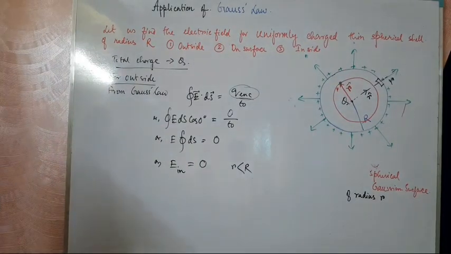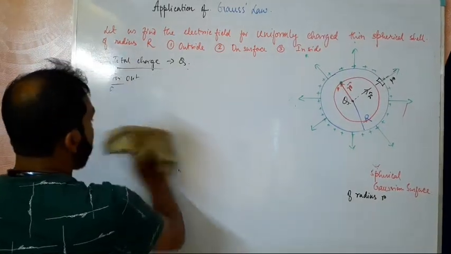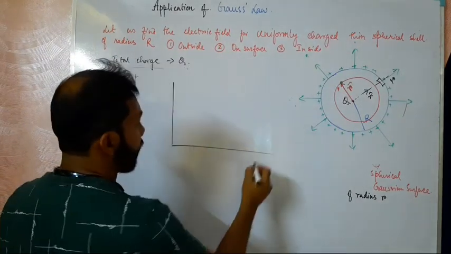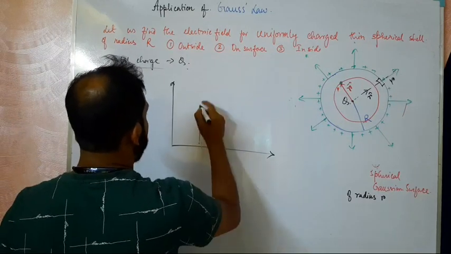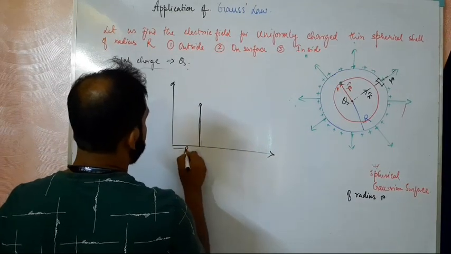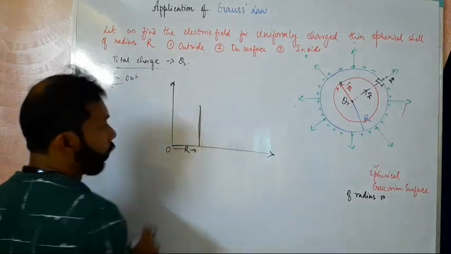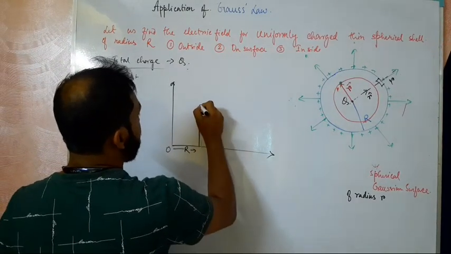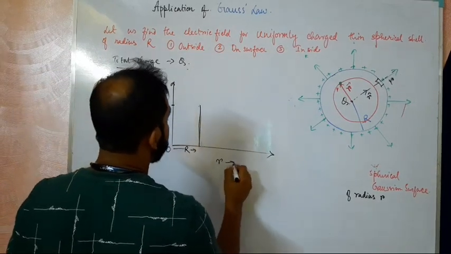If we represent it graphically, it will look like this. We show the variation of the electric field with the distance from the center to the radius. Inside, the electric field is 0, and at the surface, the electric field is maximum. This is the electric field, and this is r.